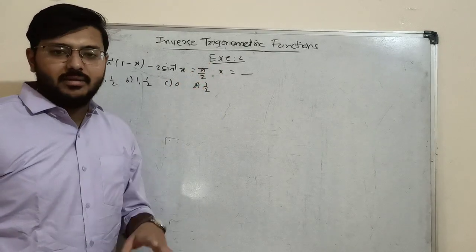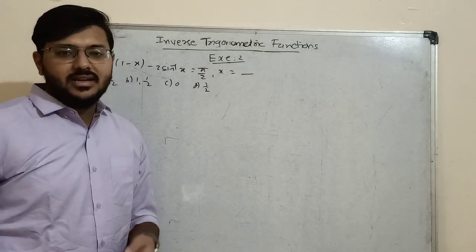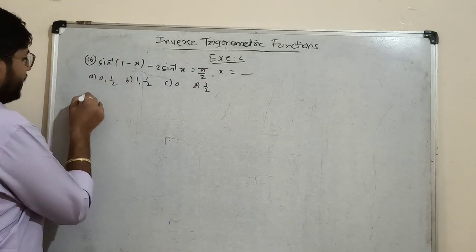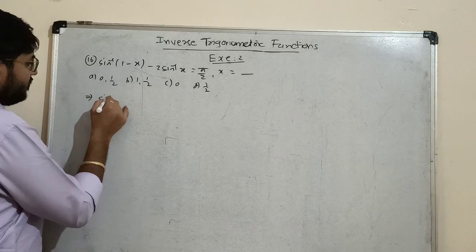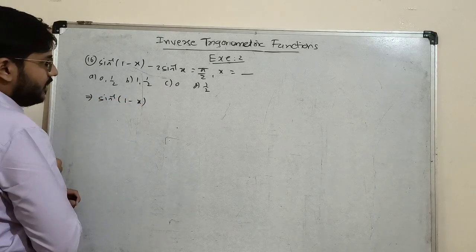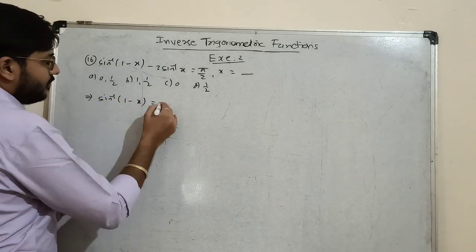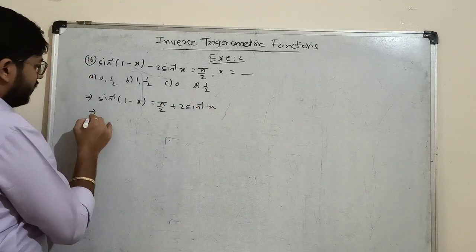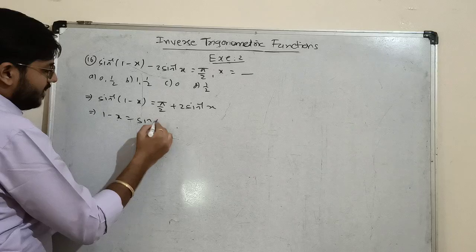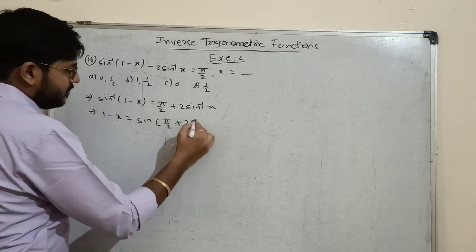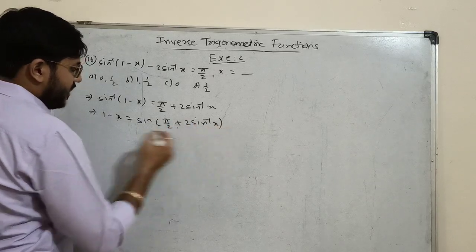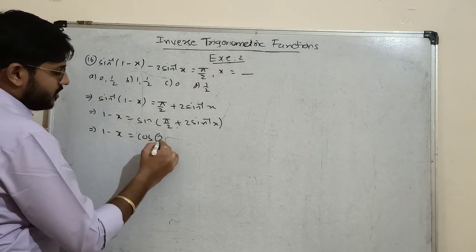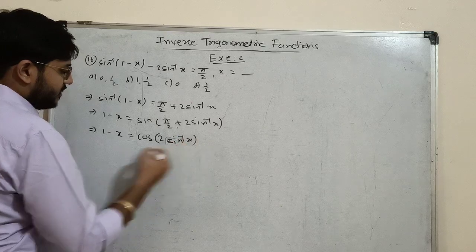But the same sum can be asked in the descriptive way also, right? So in that case, let's go with some method. Sine inverse (1 minus x) equals pi by 2 plus 2 sine inverse x. Then 1 minus x equals sine of (pi by 2 plus 2 sine inverse x).